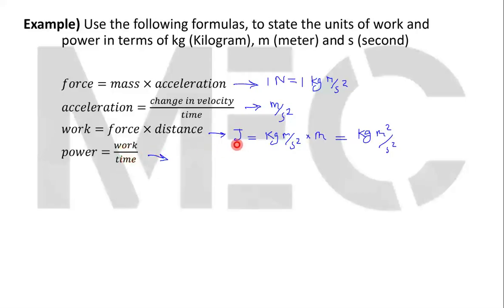So the unit of work is joule. The unit of power is watts in SI. Watt is this unit divided by time. So 1 second goes to the denominator here. Kilogram meter squared over second cubed. This will be watts. So this is a derived unit, and it's written based on base units.